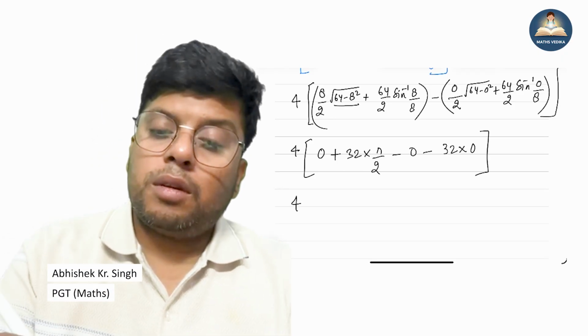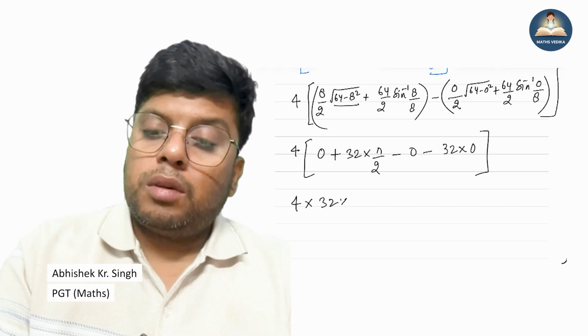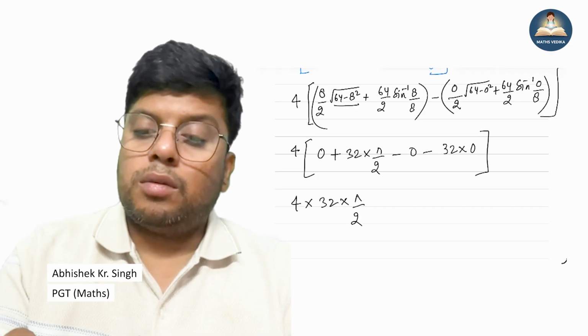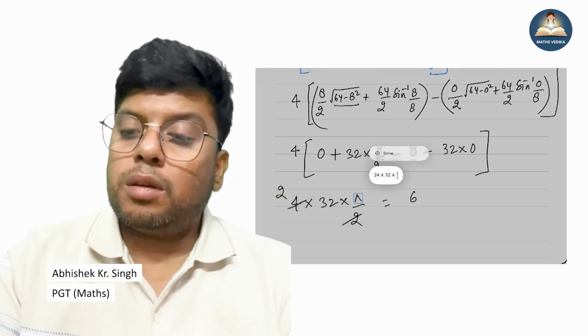So we have 4 into 32 into pi by 2, which is equal to 64 pi.